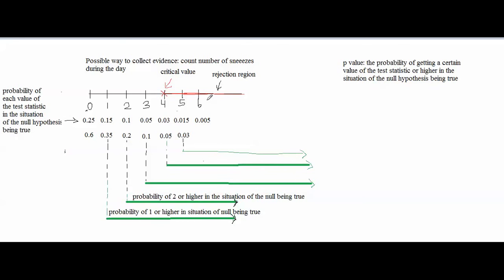I know that isn't really realistic, but that's just what we're using for this example to help make things more simple. So if 6 is the highest possible outcome that can happen, then the p-value would just be 0.005, because there's nothing above this number that we can add it to.